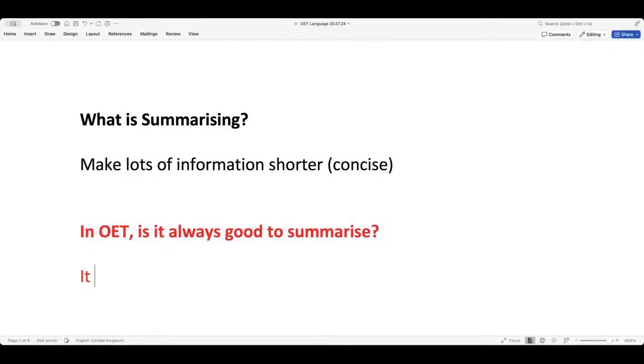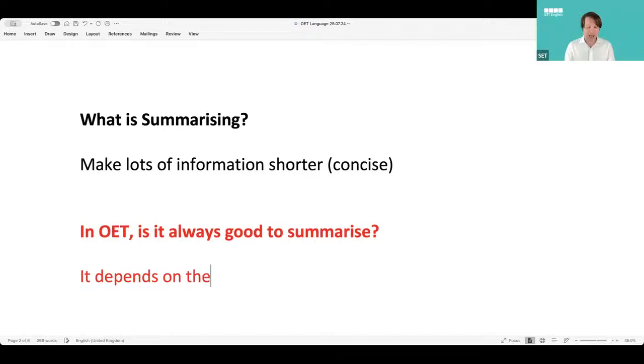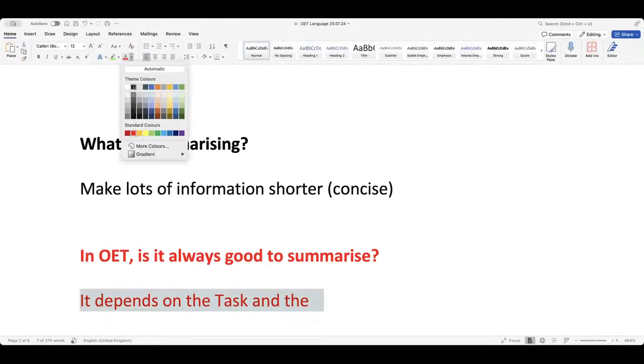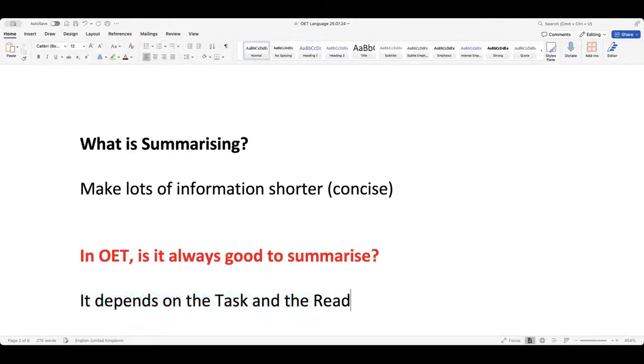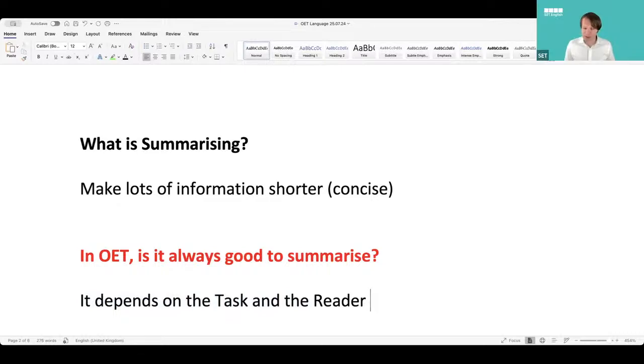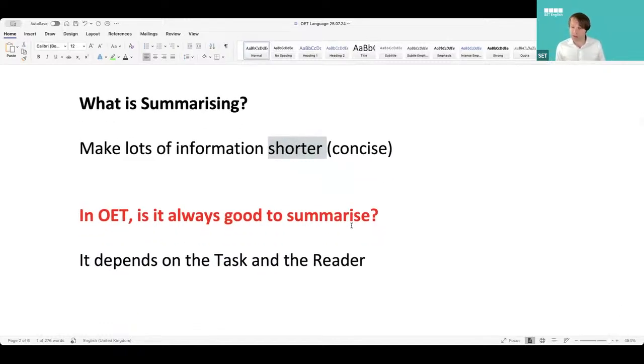On the task and? Can anyone help her? The reader and the patient relationship. Right. So sometimes you can summarize, make it short, and that's very bad. So be careful. It's not always good to summarize.